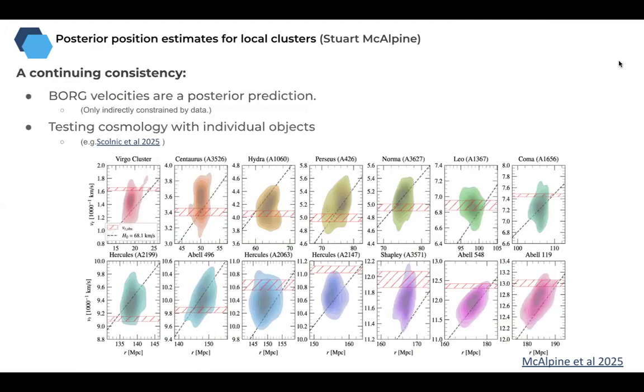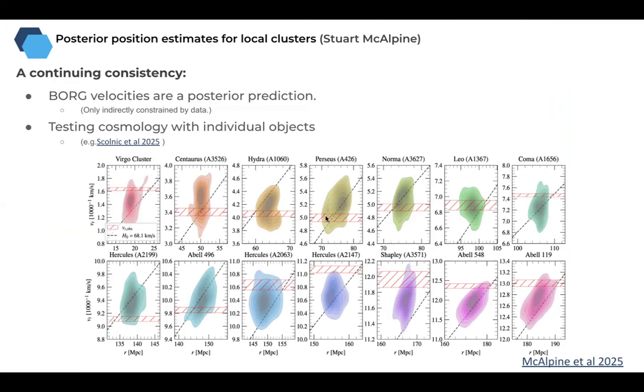We can not only do this with the Coma cluster, we of course can do these kinds of analyses with all kinds of the known structures that we have, for which we now have very detailed position and velocity information. And just to show you here, we basically have the Hubble diagrams for all these clusters, and in different colors we have the posterior distributions of our field level inference, just to show the degree of detail that we can recover.